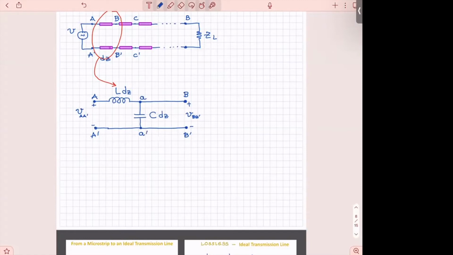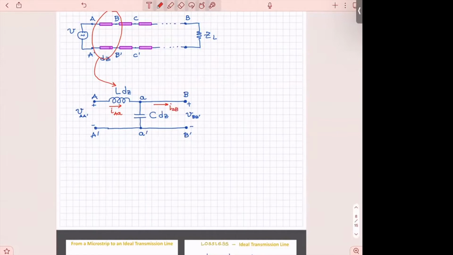Now that's the voltage, and then I'm going to show you the current. I will call this I A, and I will call this I B, all right?